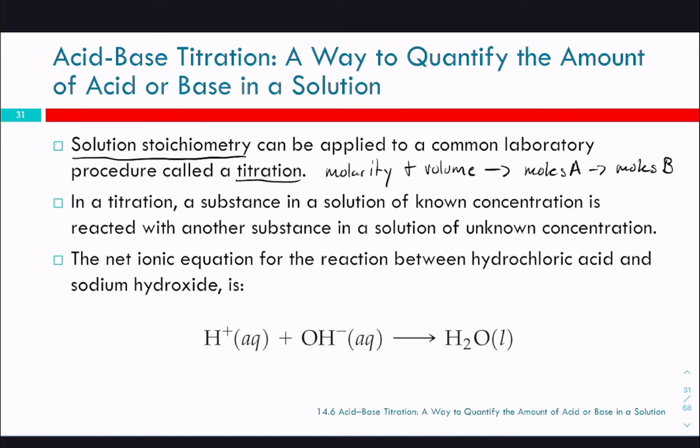And then we have some method of identifying when we've used the same amount of moles of our known concentration as our unknown concentration. The net ionic equation, and the one we're going to use for the lab today, is H plus OH minus equals water. So for these acid-base neutralization titrations, we have a way to tell when we've used up all the hydrogen or we've used up all the hydroxide.